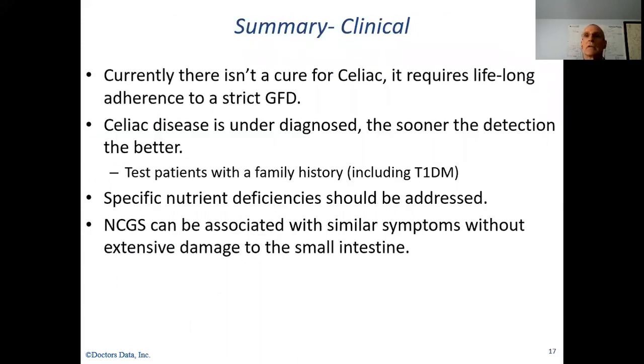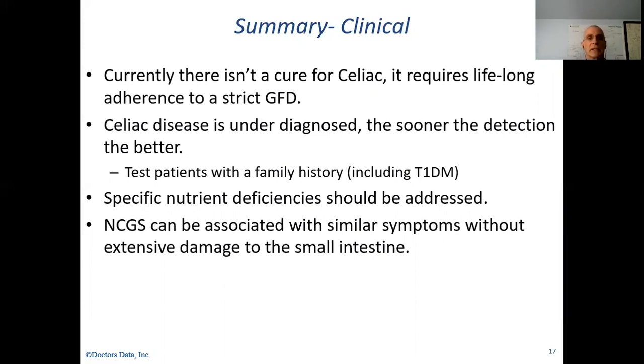So a summary of the clinical information. Currently, there is absolutely no cure for celiac. There are pharmaceuticals in clinical trials, but that is never going to replace the requirement of a lifelong adherence to a strict gluten-free diet. Celiac disease is underdiagnosed. The sooner it's detected, the better.